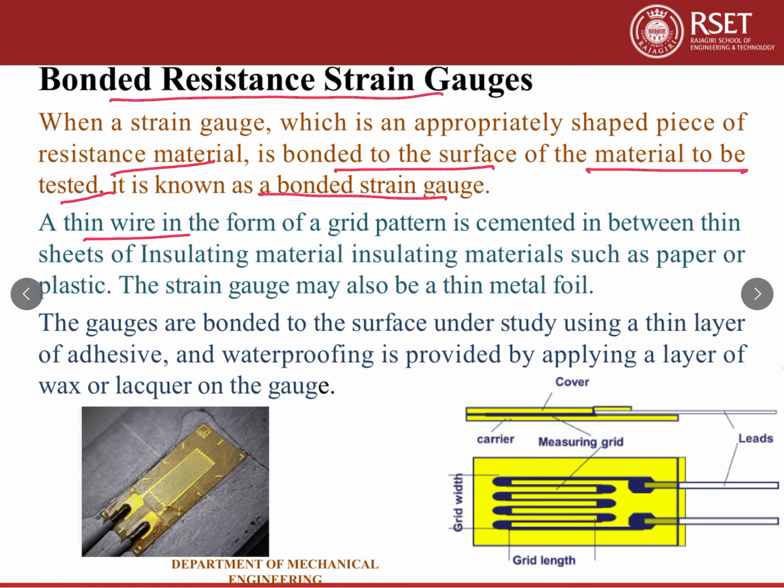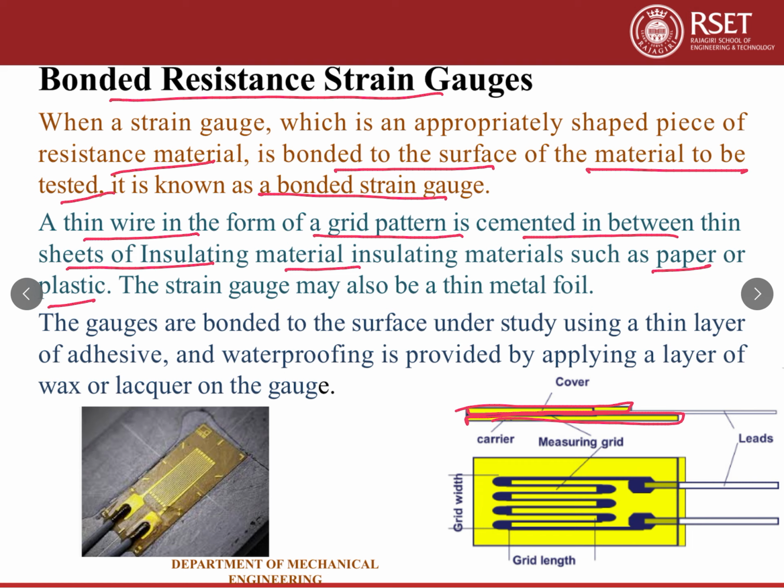Here, a thin wire in the form of a grid pattern is cemented between thin sheets of insulating material. We can see the thin sheet of insulating material and the thin wire in the form of a grid, cemented between these two sheets of insulating material, such as paper or plastic.